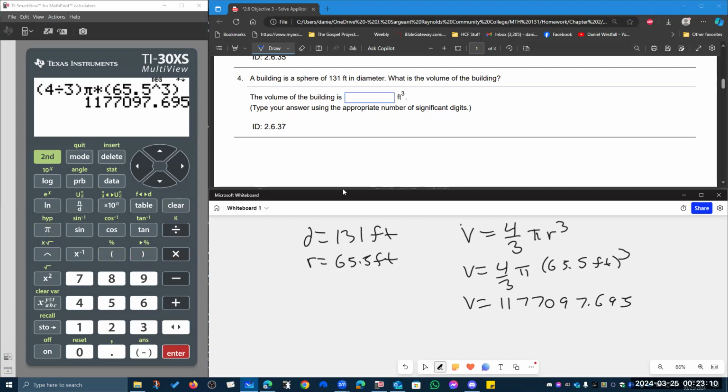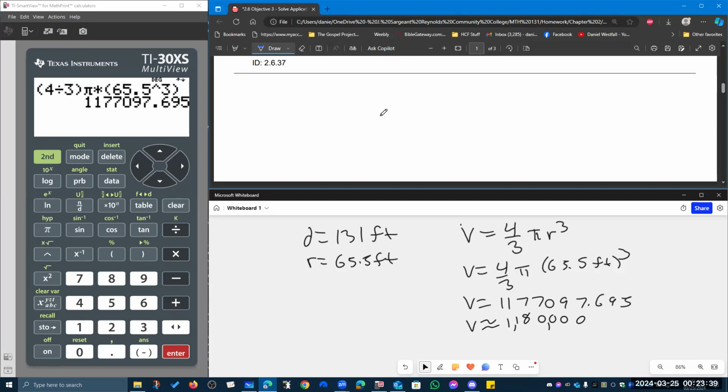We're told to use an appropriate number of significant digits, and so that's going to be 3 significant digits. That's 1,180,000 cubic feet.